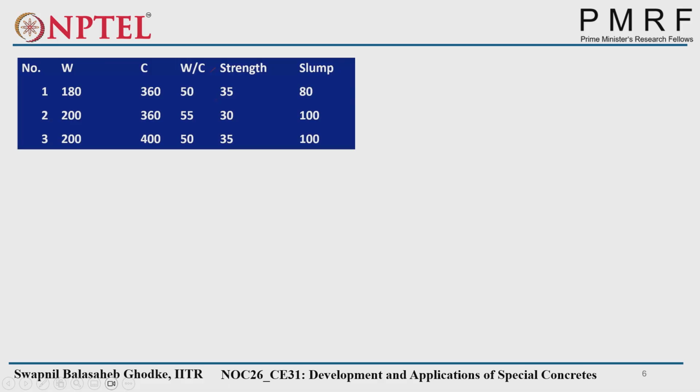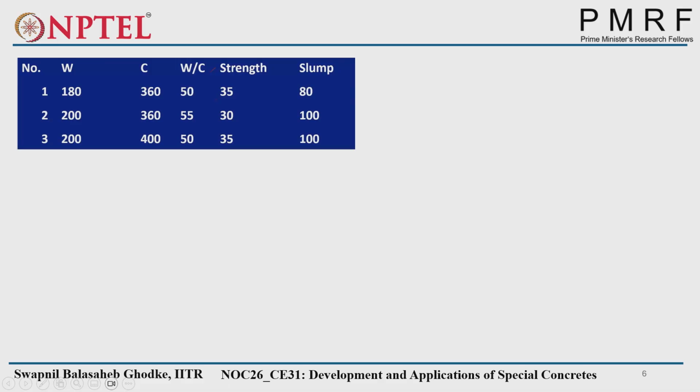But if we keep the same 200 kg water content and increase the cement content to 400 kg, we get the same water cement ratio of 50 as the base mix. Because the water cement ratio is the same as the base mix, we get the same strength, 35, because the water cement ratio has not changed. And why are we getting the same slump?